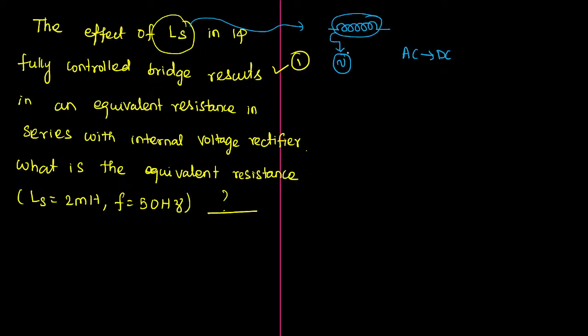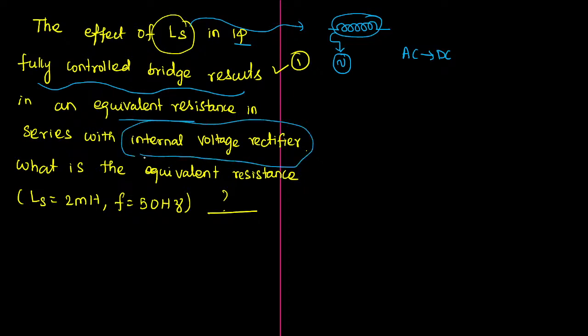When we consider the effect of source inductance in a single phase fully controlled bridge rectifier, what can be expected as a result? What they have given: the effect of source inductance in a single phase fully controlled bridge rectifier results in an equivalent resistance in series with the internal voltage rectifier.